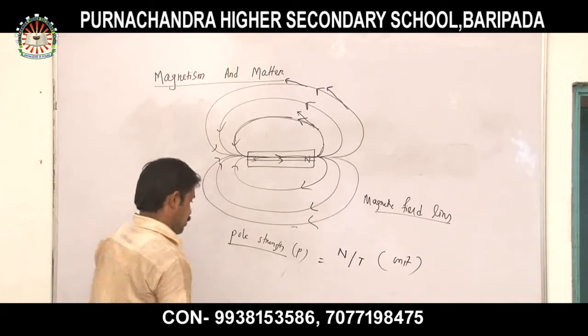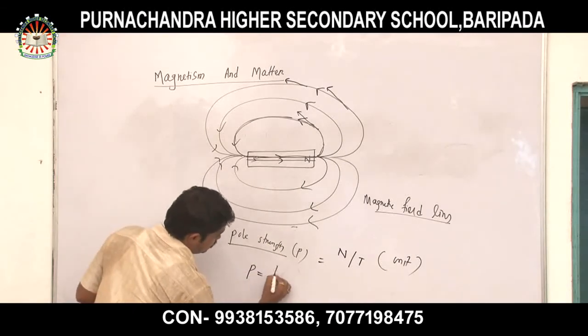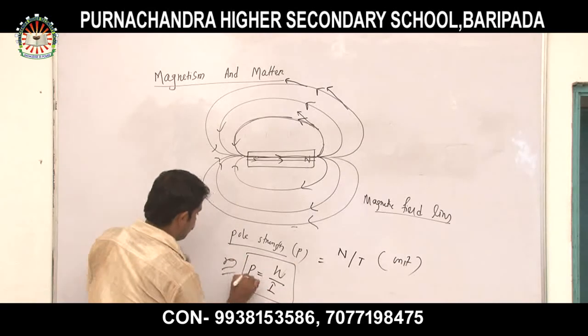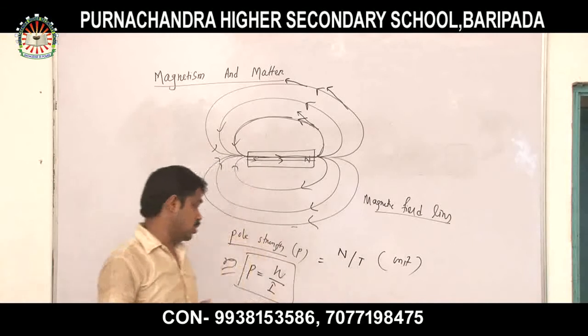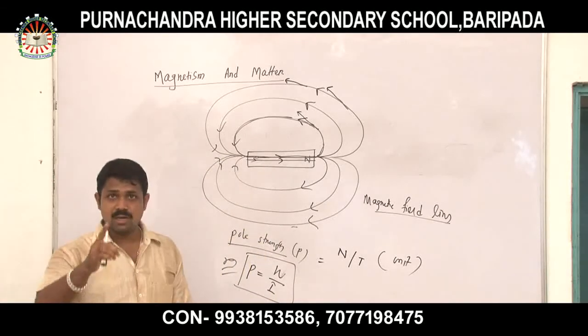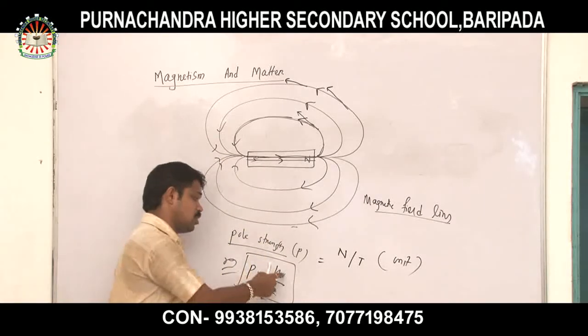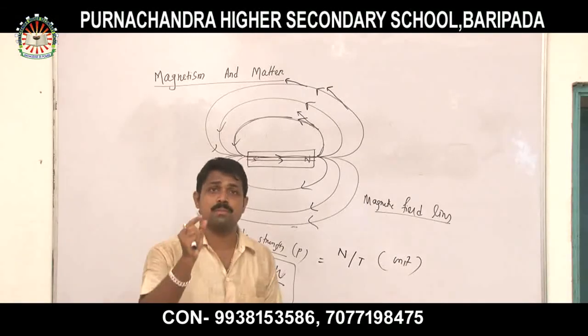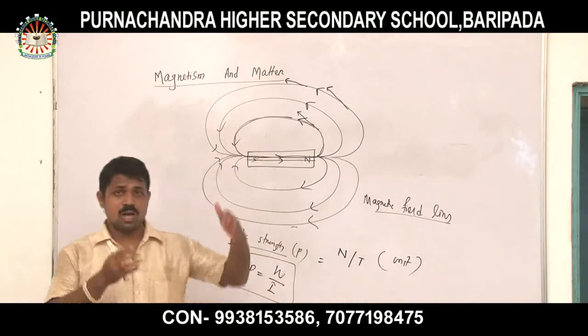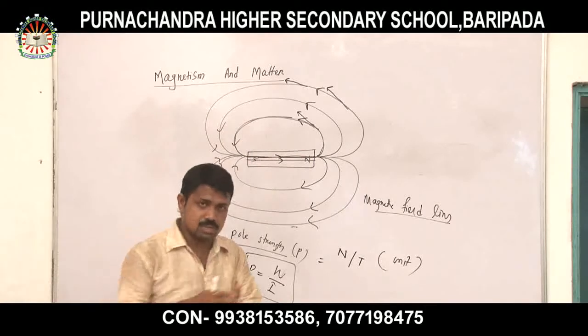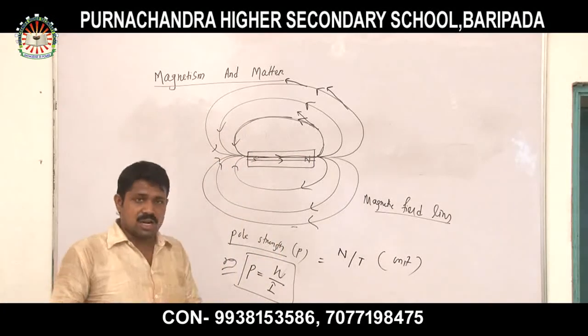But what is the formula for pole strength? The pole strength is equal to W divided by I. W means work done. Listen very carefully. W is the work done in moving a magnet through a wire. If I take a wire and move the magnet through it, due to this motion a current is generated.